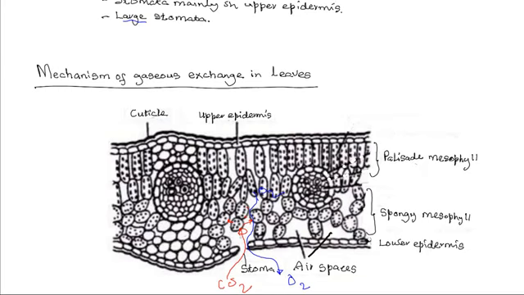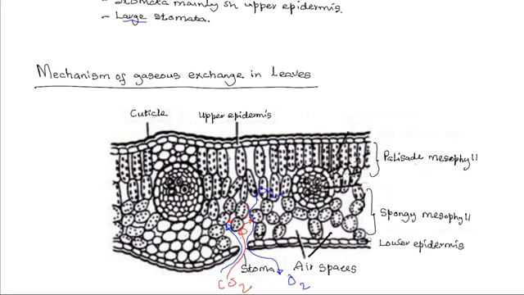Now at night, there's no photosynthesis, and it's only respiration that takes place. So oxygen in the atmosphere is at a higher concentration than in the leaf. So you find that at night, when there's no photosynthesis, then oxygen will be diffusing into the plant through the stoma, the partially open stoma.